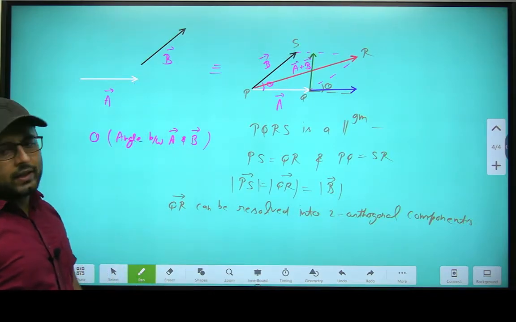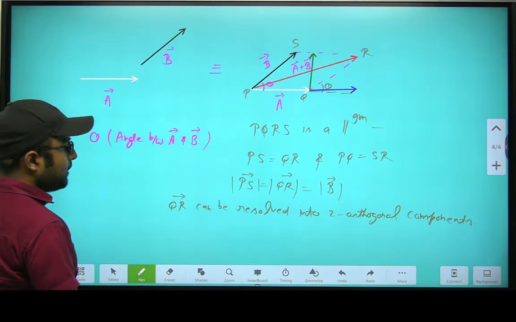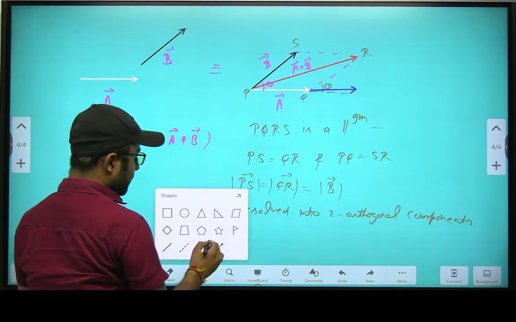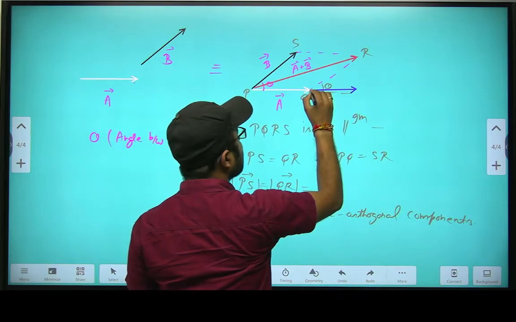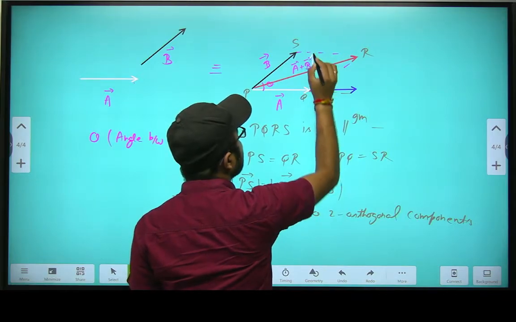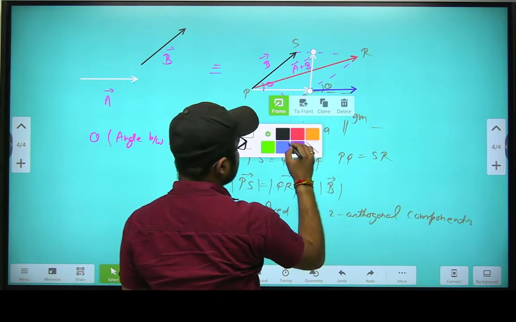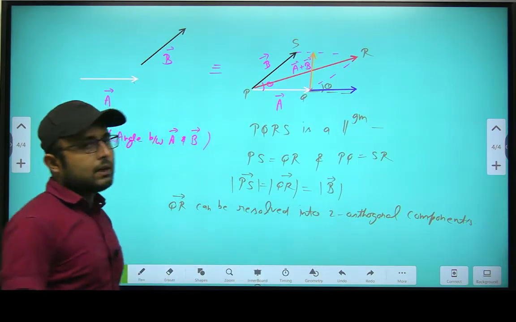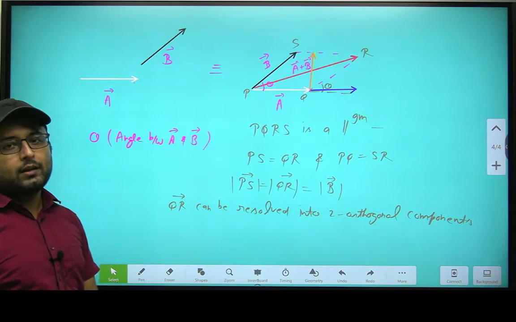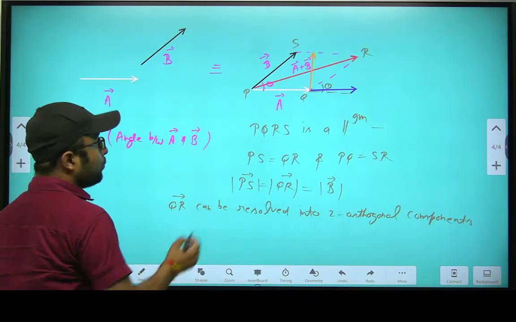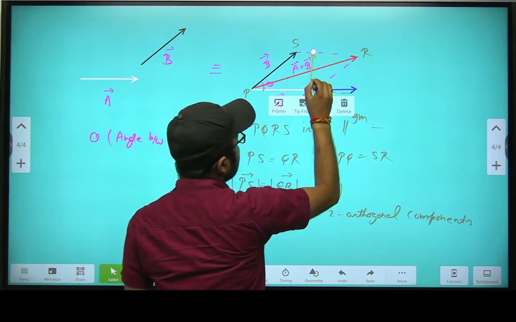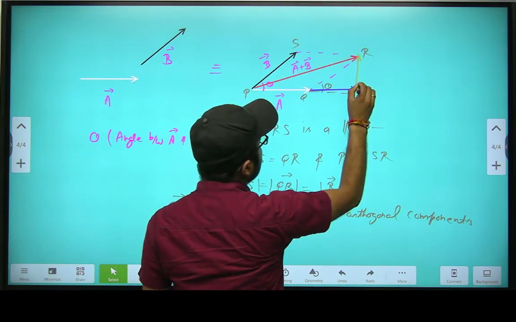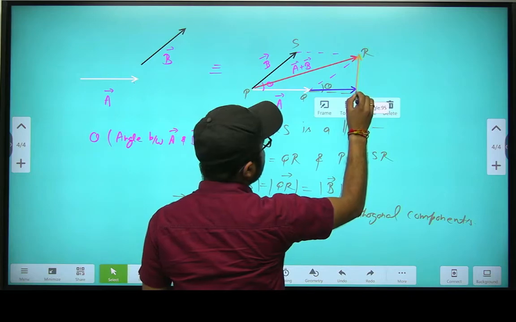I will draw it again. We can also move this vertical component. If we move this, we will put it over here.